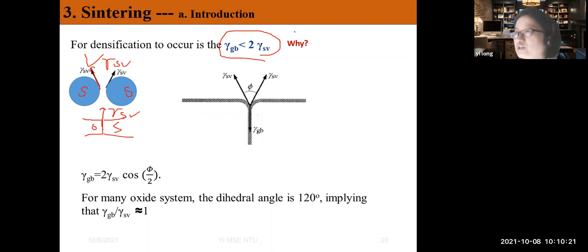It's solid already, correct, because this side is solid 1 and this side is solid 2. So actually you have to change it to SS, but we have a name for this: grain boundaries, because when they come together, they form a grain boundary. That's why we put gamma GB. Gamma GB is actually just gamma SS, because you have S here and S here.